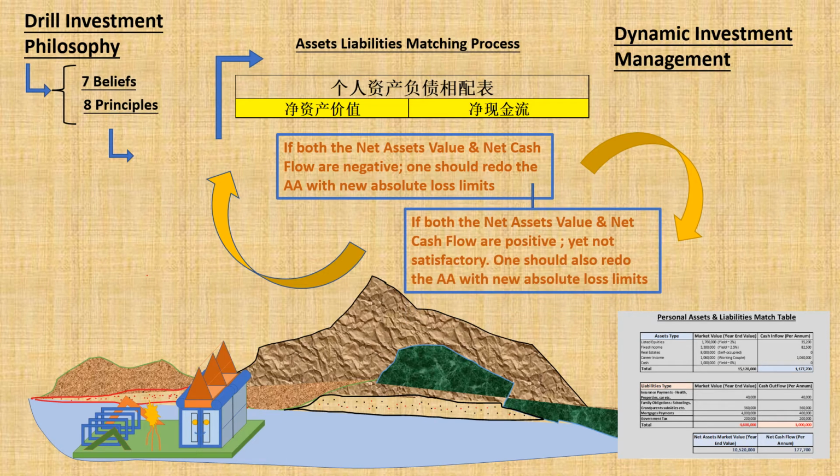Even if the numbers are all positive, but you are not satisfied, we should also redo the exercise. So this is the so-called dynamic investment management process.